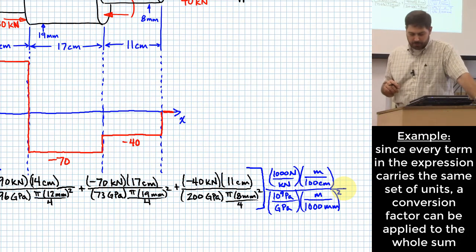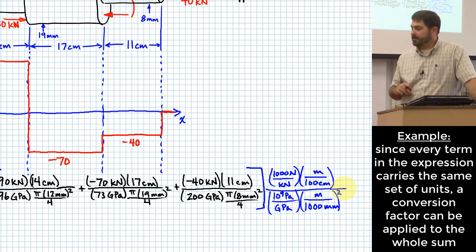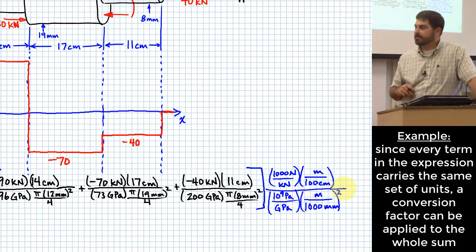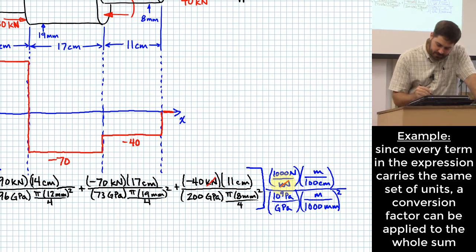Okay. And multiplying by all of that will get us to what? Tell you what, let's go through and cancel them out. There's kilonewton gone. Okay. GPA is gone.